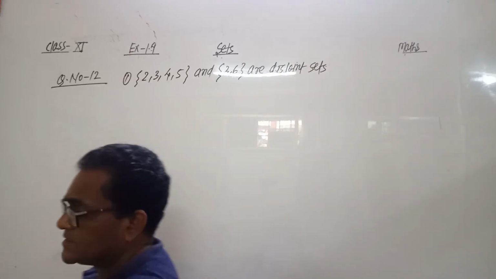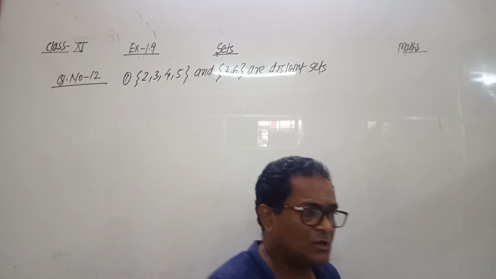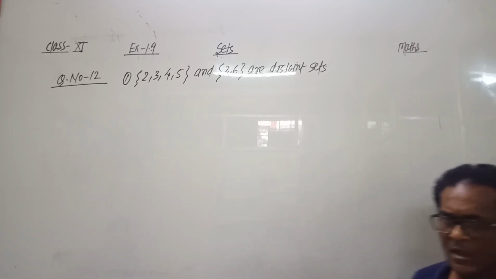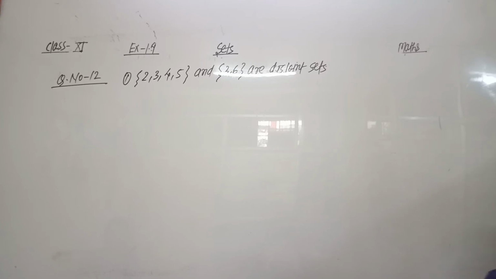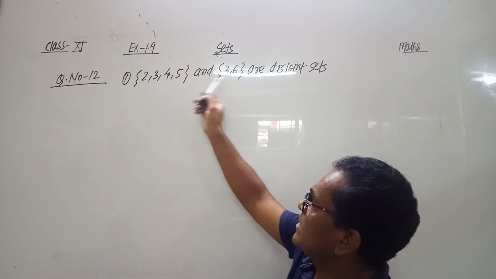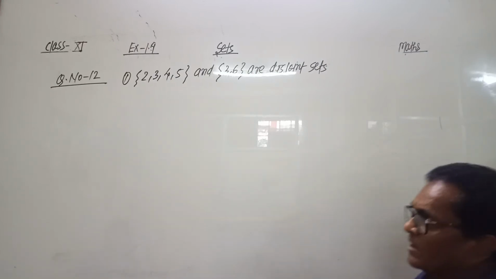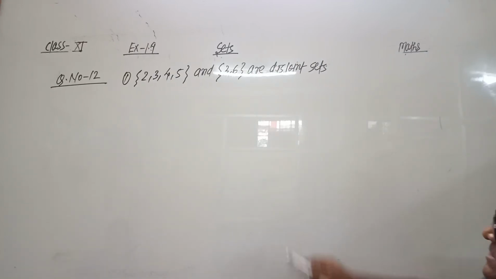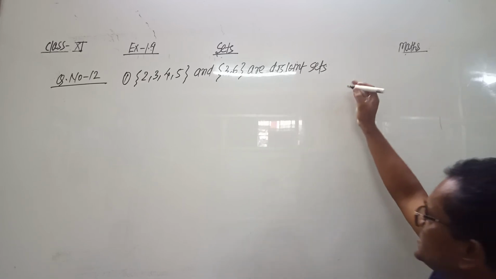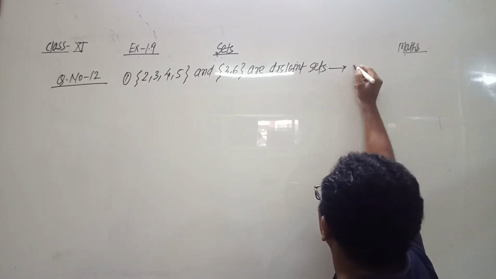So what is the definition of disjoint sets? Two sets having no element common is called disjoint sets. So let us check whether any element is common or not. 3 is common. That's why this is not a disjoint set. So this statement is false.